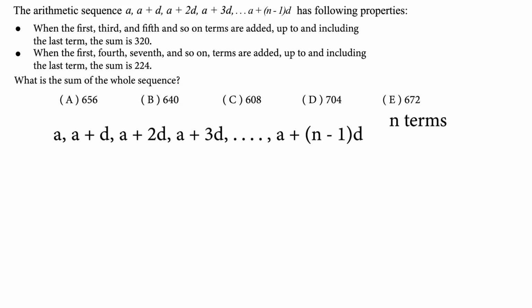Now, let's look at the first criteria, that the sum of the first, third, fifth, and so on, including the last term, has to add up to 320.